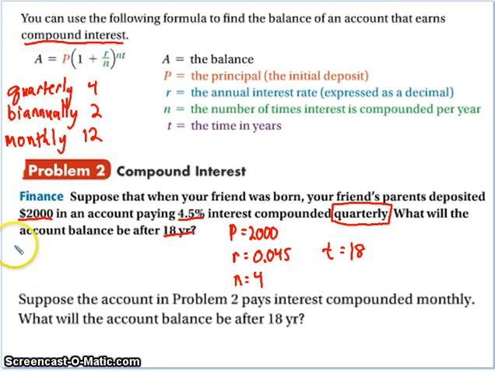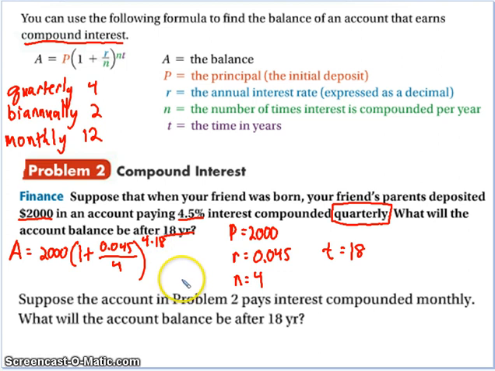So all we have to do is go through and plug it in. So A is equal to 2,000 times 1 plus R, 0.045 over N, and then multiply N and T. Okay?